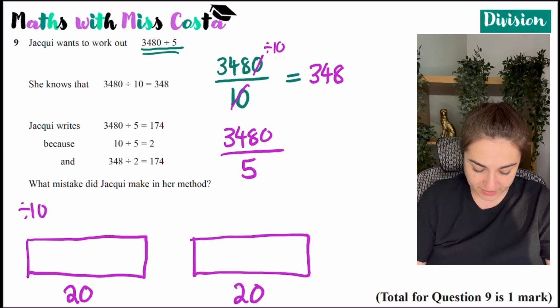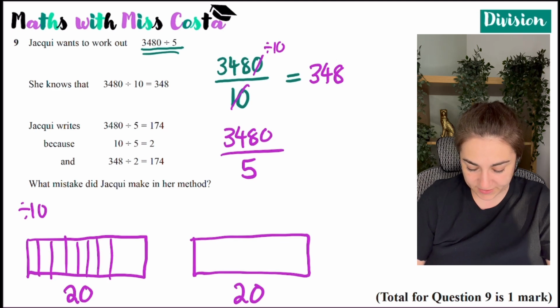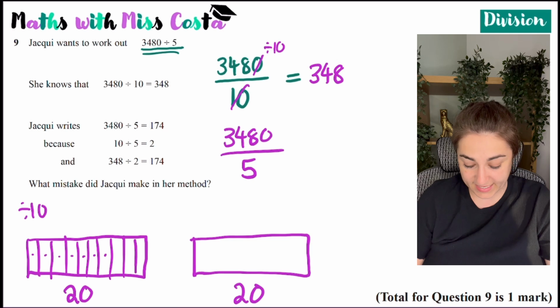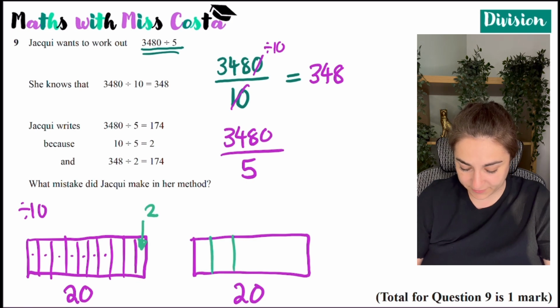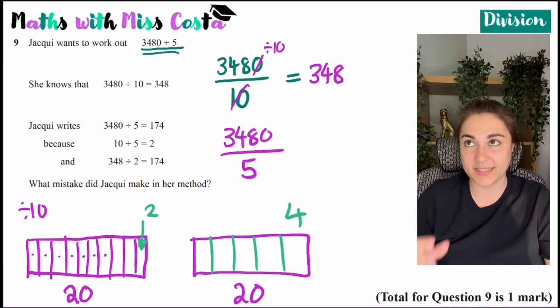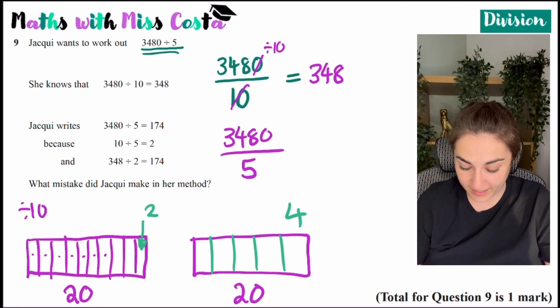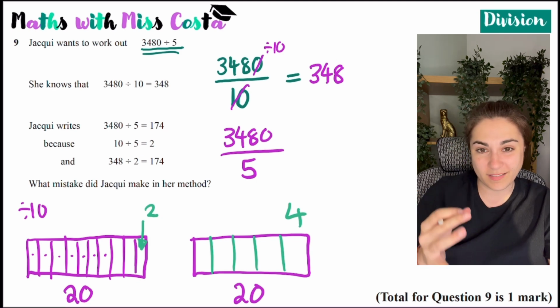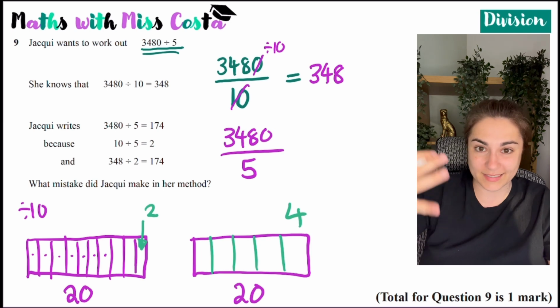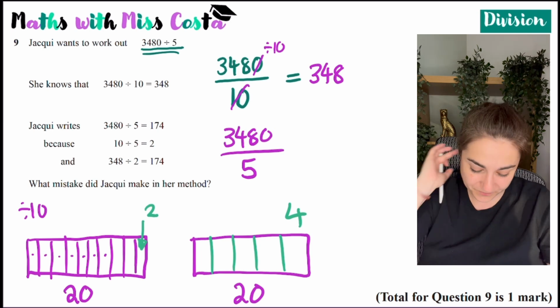When I'm dividing by 10, I'm splitting it into 10, so 1, 2, 3, 4, 5, 6, 7, 8, 9, 10 equal pieces. So 20 divided by 10 is going to be 2, but 20 divided by 5 is going to be 4. So when you're dividing by 5, your answer is actually going to be double the answer of what you got when you divide by 10.